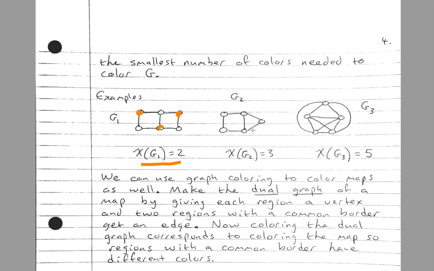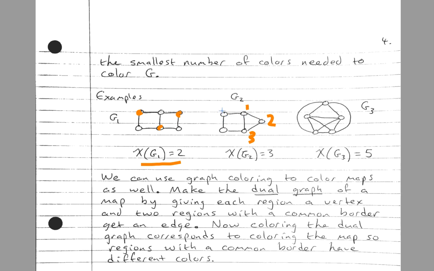G2, the second graph. Whenever you have a triangle, you need 3 different colors. Maybe let's use numbers. So we need 3 colors here.